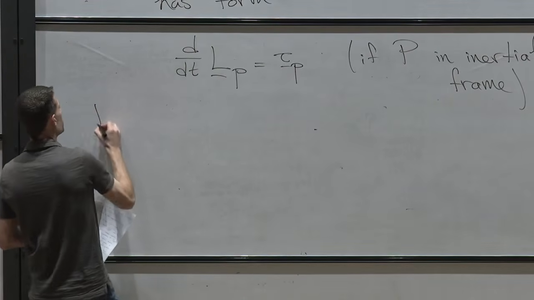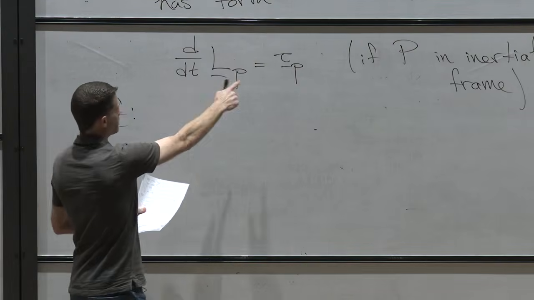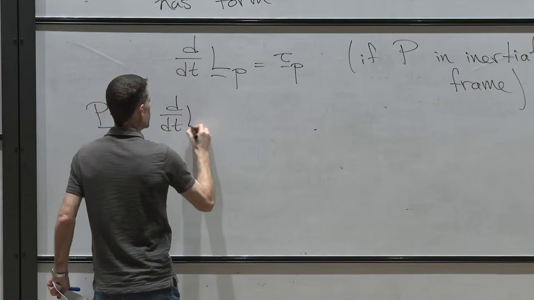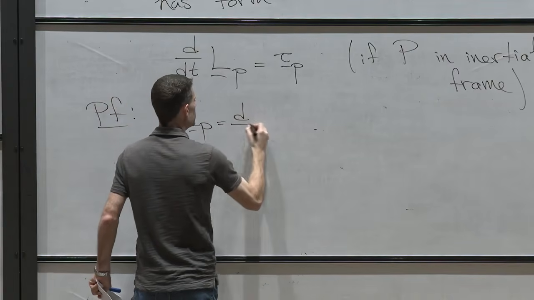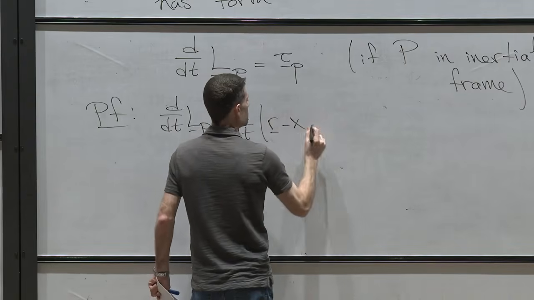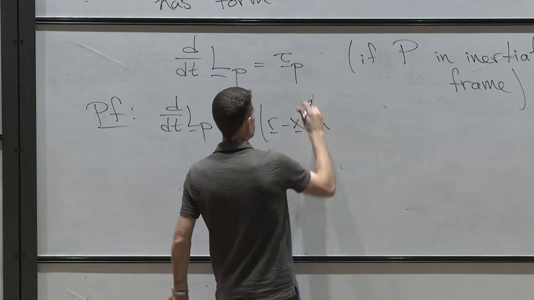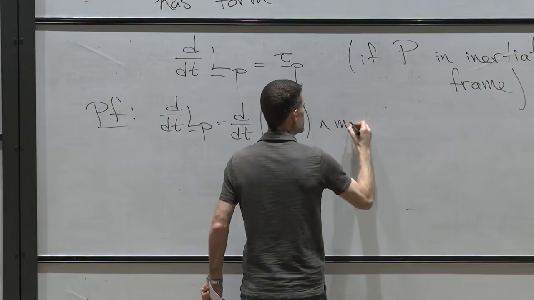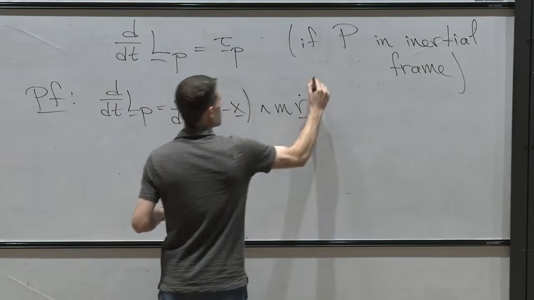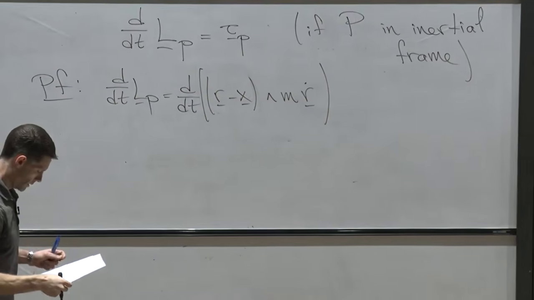consequence of Newton. So the proof of that equation, we can simply take a derivative of L_P, right? So d/dt of L_P is d/dt of (r minus x) cross m r dot.